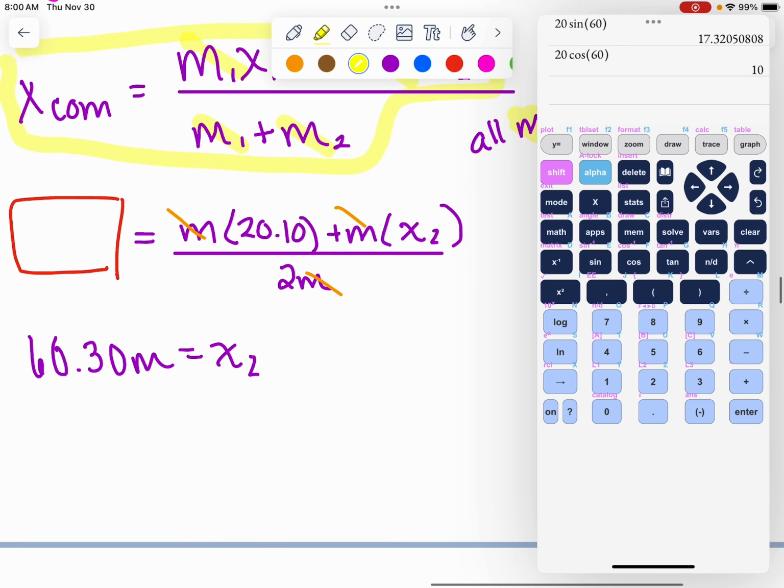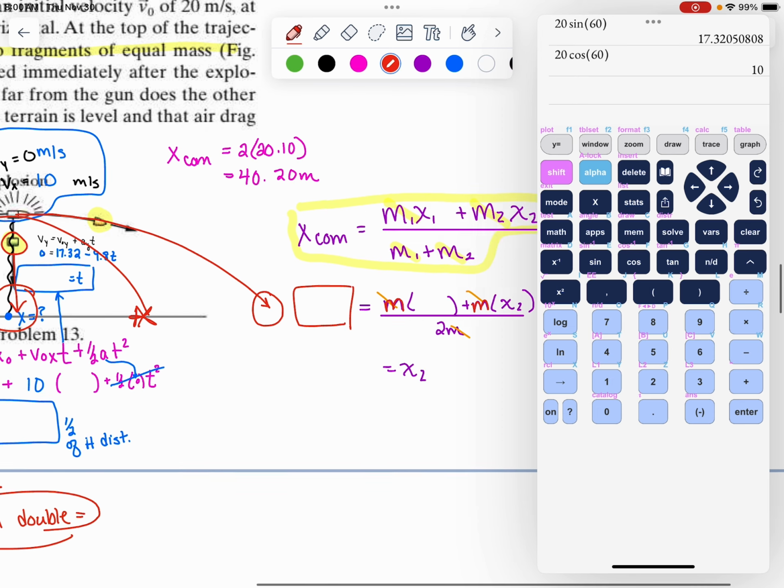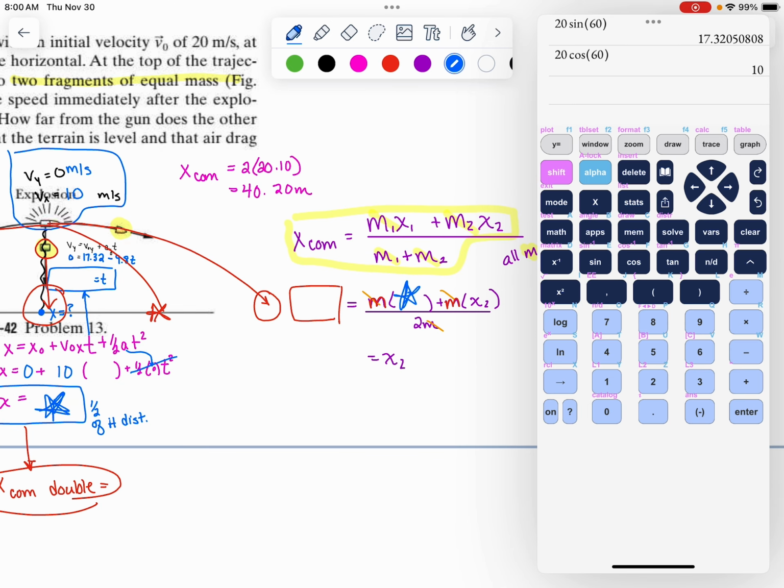So here it is. And that's going to work out really nicely, because all the M's are going to be the same. P.S., remember, you will have a different answer than this. Your X1 position is where your mass 1 landed. So whatever you got right here in blue, see my star? Watch my star. Whatever you got right there in blue, that's what goes in here, because that's where your first little mass landed.